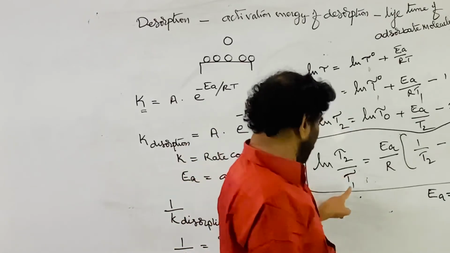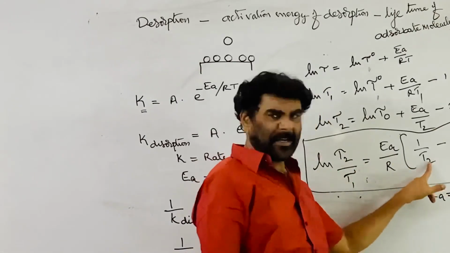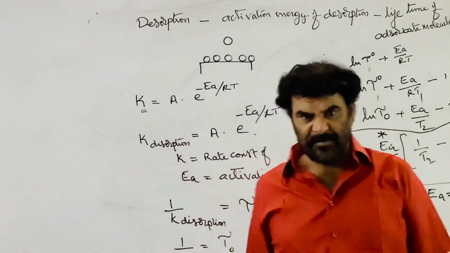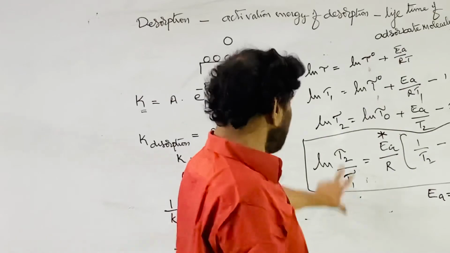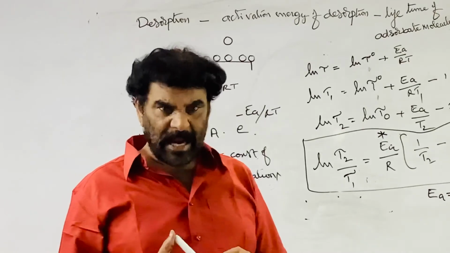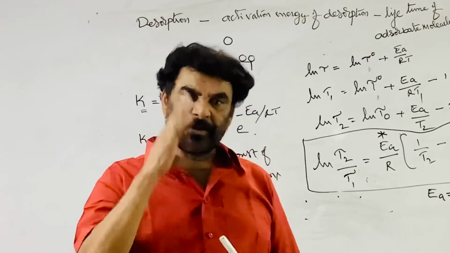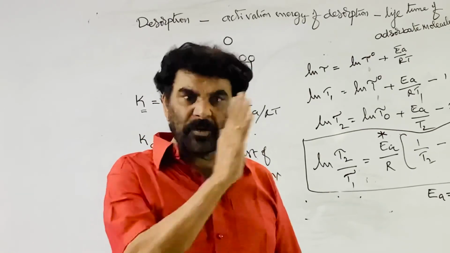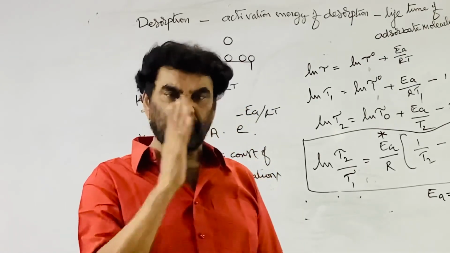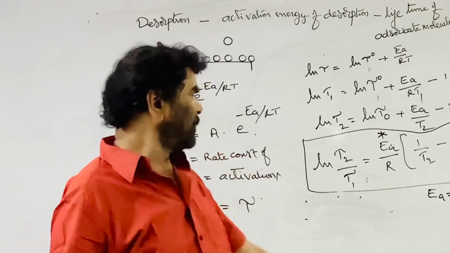So if you know the average life at temperature T1 and at temperature T2, you can evaluate the activation energy of desorption from that data. By using this Arrhenius-type equation, you can find the activation energy of desorption, provided you know tau at two different temperatures, T1 tau 1 and T2 tau 2.